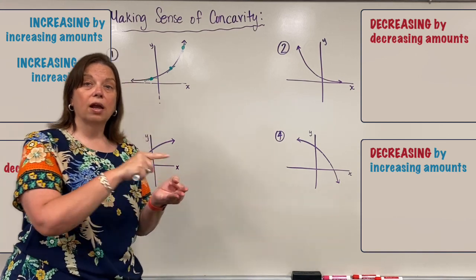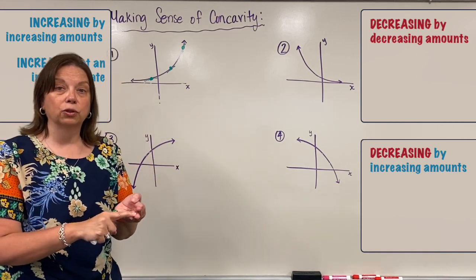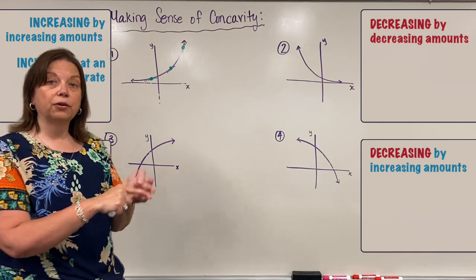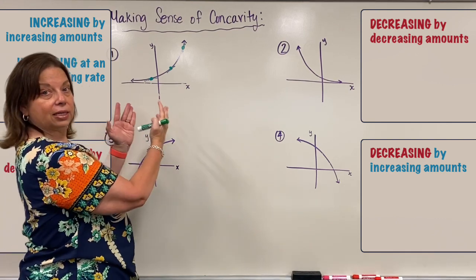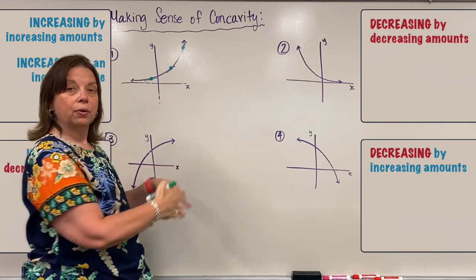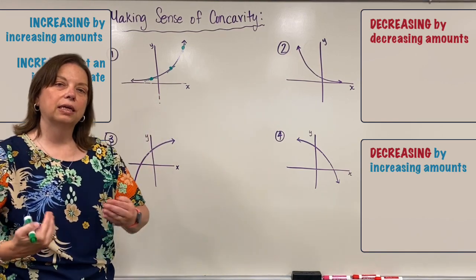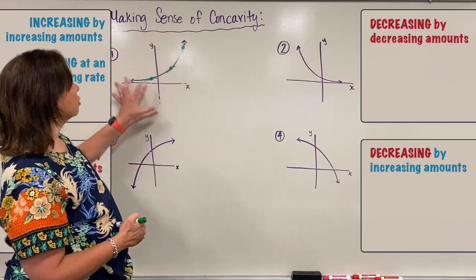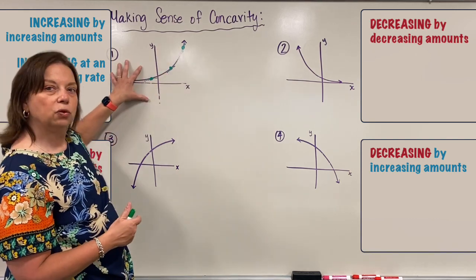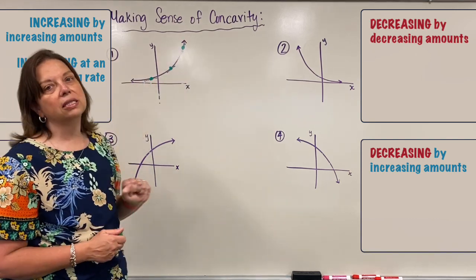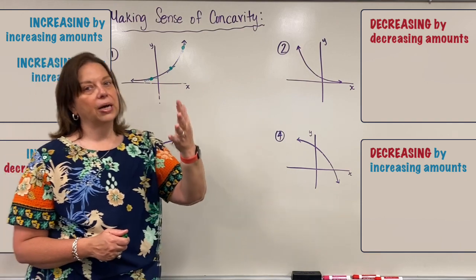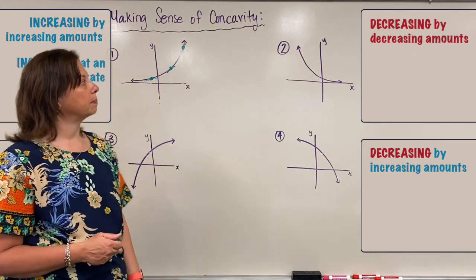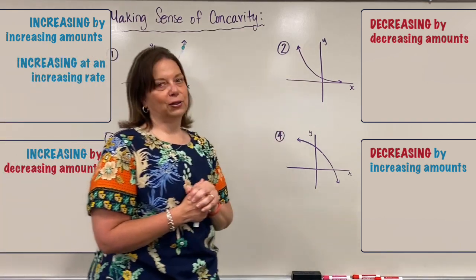The rate describes what's happening to the actual derivative. The derivative is increasing, aka the slope of the tangent line is increasing as I move through. Therefore, we can say increasing rate there. So here in terms of concavity, this is why we categorize graphs of this nature as increasing, but at an increasing rate. Now, over here with graph 2, back to this one.